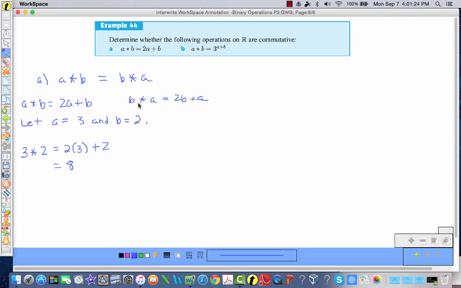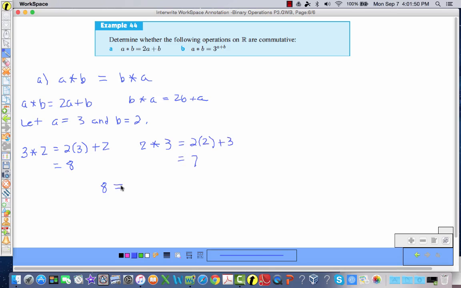So for b star a, this would turn into 2 star 3, because again, b is equal to 2, so I replace b with 2, and a is equal to 3, so I replace a with 3. So that would be equal to 2 times 2 plus 3, which is equal to 7.